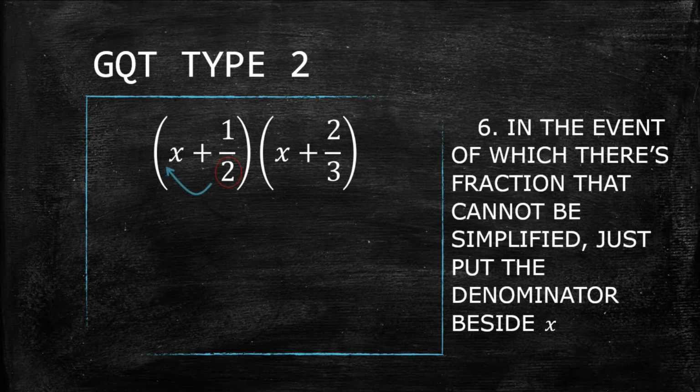So on the first factor, bring up 2, and on the second factor, bring up 3. The result will now be 2x plus 1 and 3x plus 2. And that is the factor of our given.